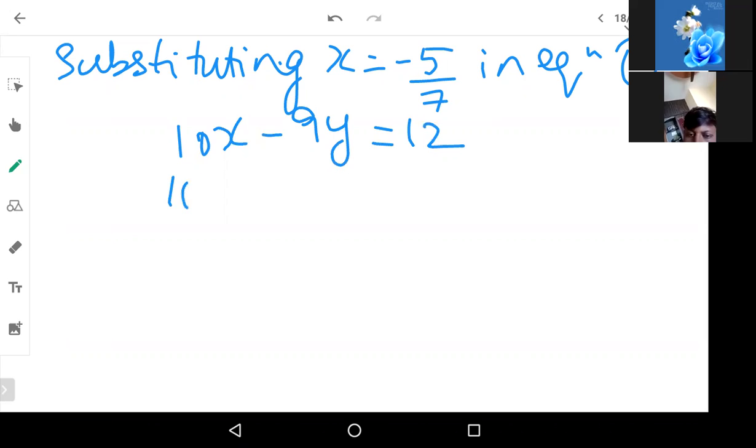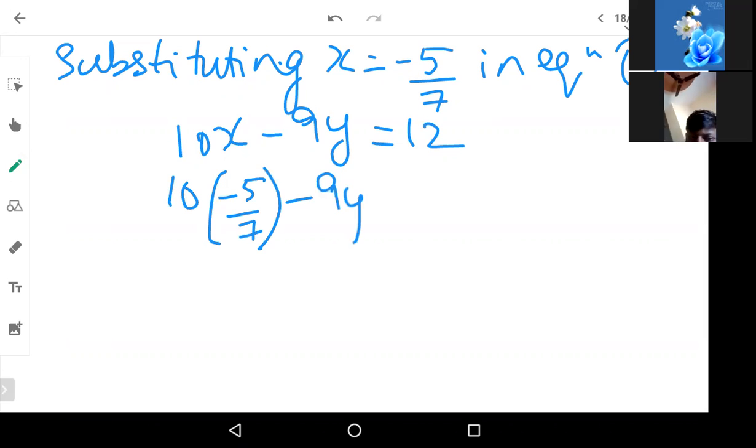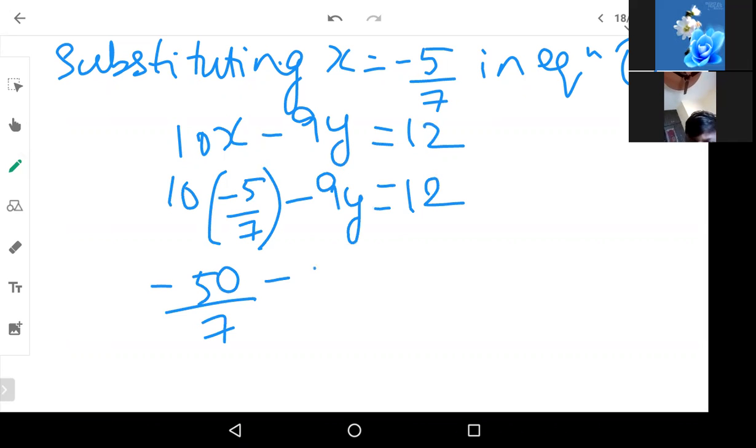So 10 into minus 5 by 7 minus 9y is equal to 12. Okay, 10 into minus 5 will become minus 50 by 7 minus 9y is equal to 12.